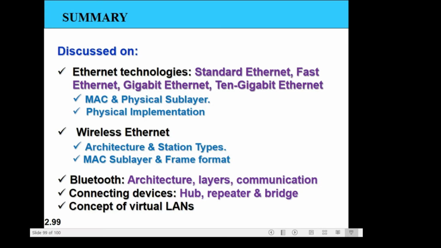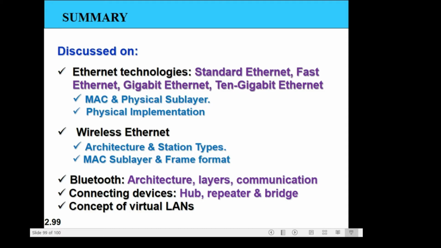So based on this chapter, we have discussed the Ethernet technologies, the evolution of Ethernet, and under the Ethernet part, you should know about the MAC and the physical sublayers, and the physical implementation, types of cable, types of topology for each Ethernet: standard Ethernet, fast Ethernet, gigabit Ethernet, and 10 gigabit Ethernet.